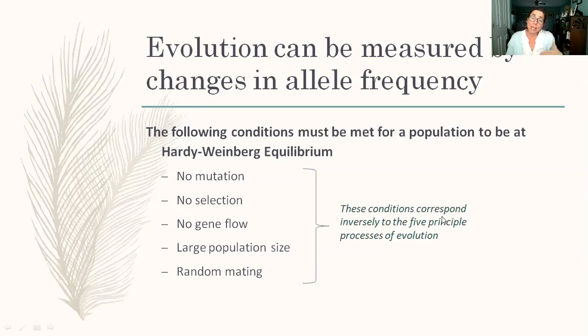You'll notice that these conditions correspond inversely to the 5 principal processes of evolution that I just reminded you of. I told you that for evolution to happen, you have to have mutation. So if you're going to meet Hardy-Weinberg equilibrium and have no evolution, then you have to have no mutation. Selection is a way that evolution can happen, so you have to have no selection if you're going to meet Hardy-Weinberg equilibrium, and so on.